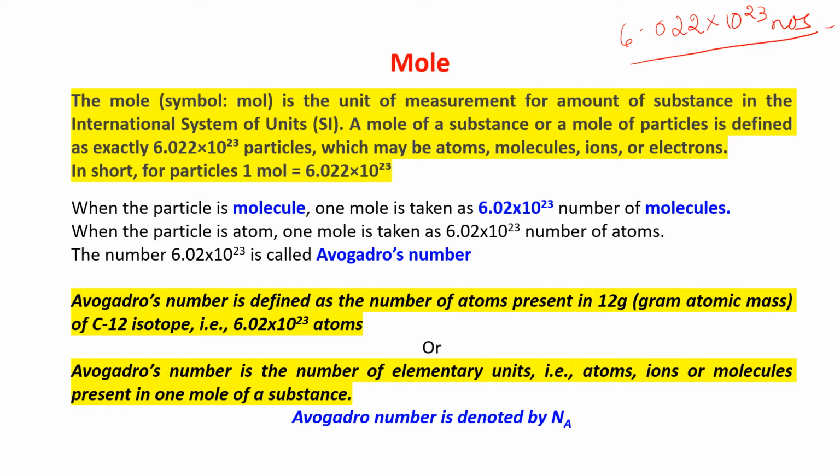If I say go and bring 1 mole of atom, you will bring 6.022 into 10 to the power 23 numbers of atoms. Similarly, if I ask you for 1 mole of iron ions, you will bring 6.022 into 10 to the power 23 numbers of ions. This example I have given just for your understanding.